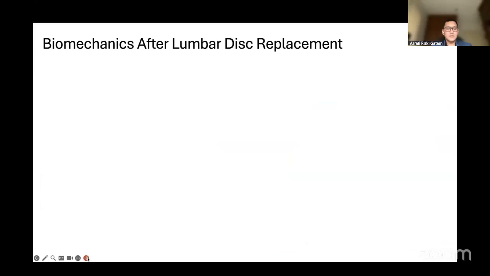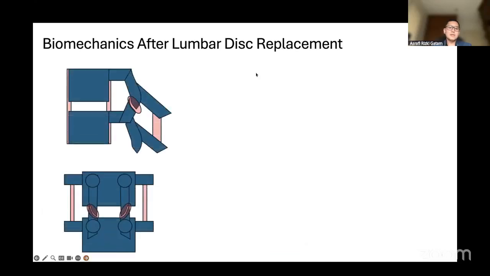And now, what happens after we put in some lumbar disc replacement implants. If we look at this picture, this is the normal structure of our spine. The stability of our spine is maintained by the muscles and the ligaments around the spine, like the ALL, PLL, the interspinous ligaments, the intertransverse ligaments, and also the facet capsule itself.